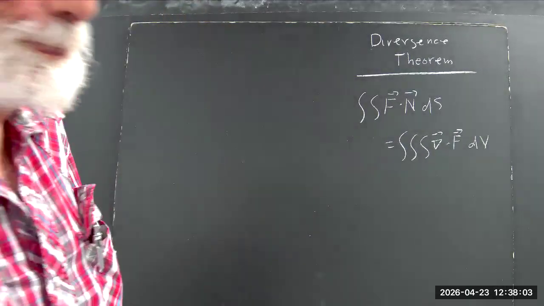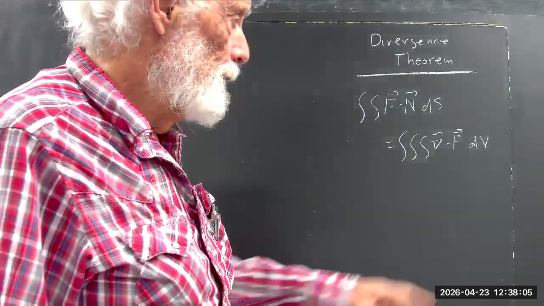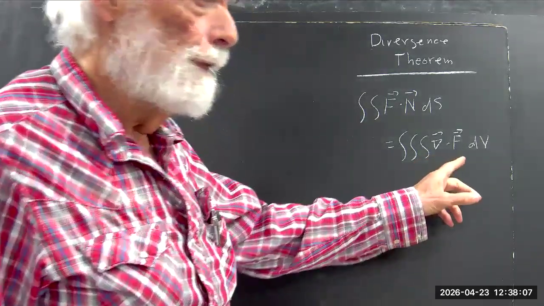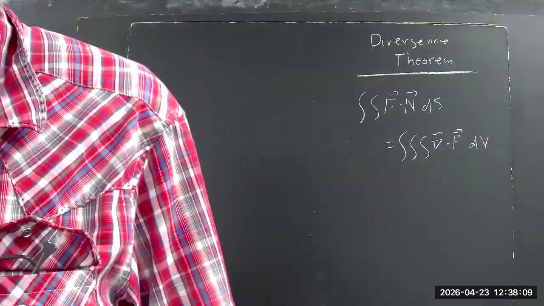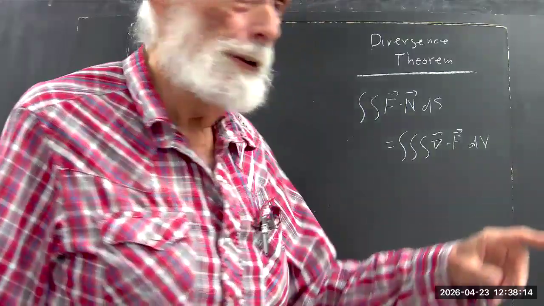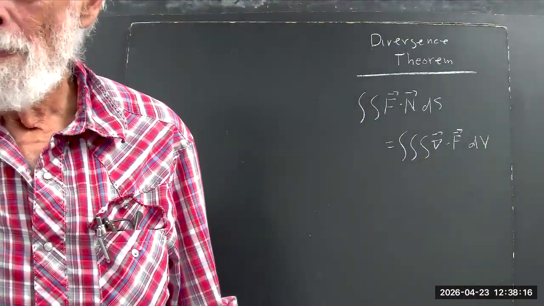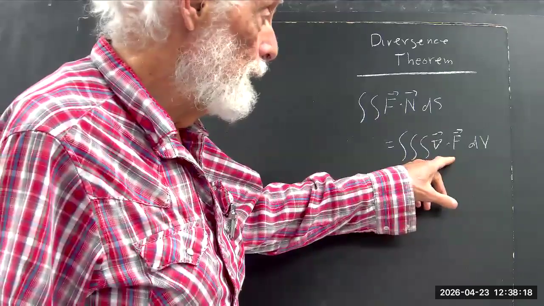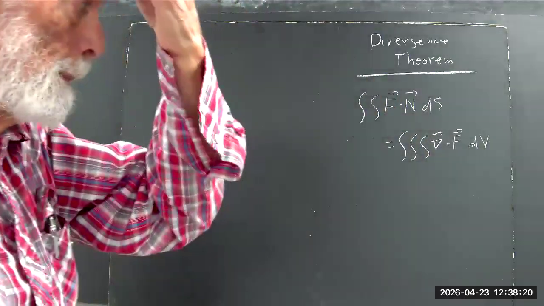The divergence theorem relates the divergence, which is del dot F for a vector function. That's just a scalar quantity that you can integrate over the volume. It's easy to calculate del dot F, it's not a big deal.